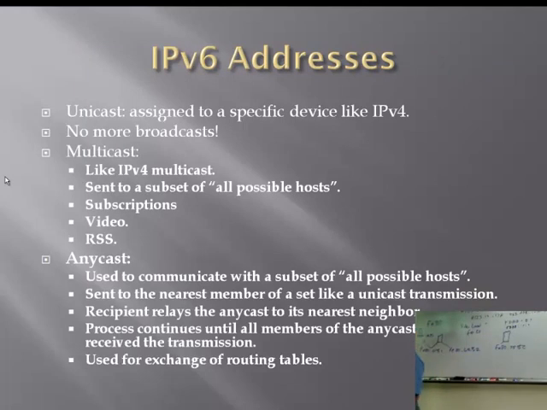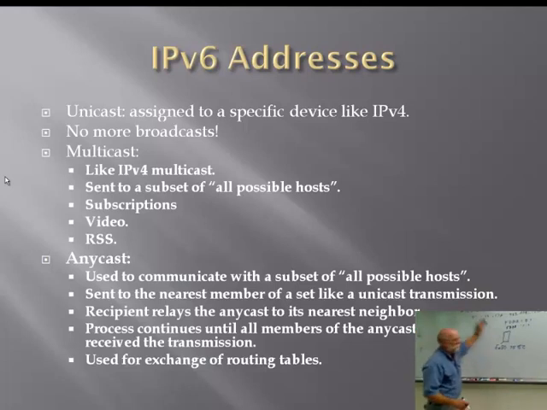Okay. IP6 unicasts. Site local, link local, unique local, and global are all unicast addresses. No more broadcasts. Okay. And we have multicasts though. It's just like IP version 4 multicast addresses. It's sent to a subset of all possible hosts.